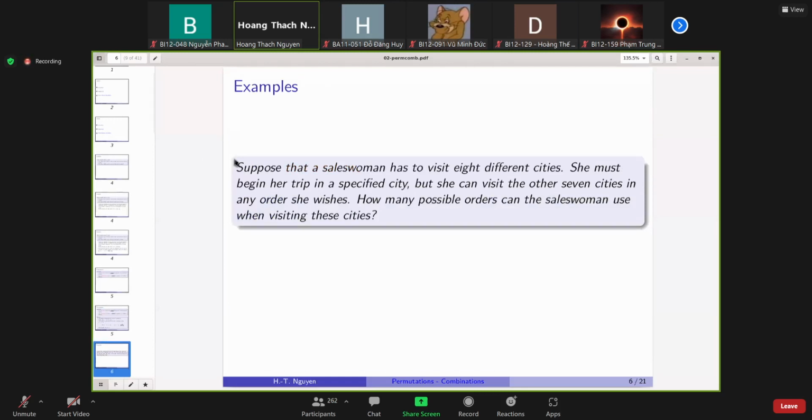Okay, so let's look at this example. For those who do computer science, perhaps some of you have heard of the problem of the traveling salesperson.